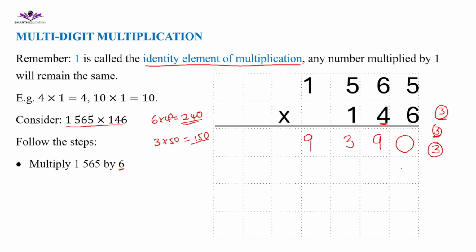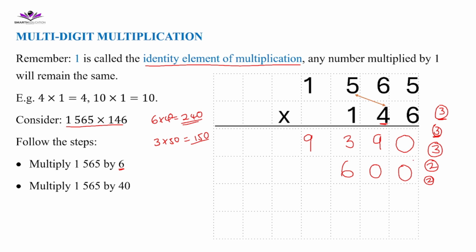So this is a 40. We'll start by putting a 0 there. And then we start multiplying by 4. And then 4 times 5, that is what? That is 20. We write down the 0, and then we carry 2. And then 4 times 6, what is 4 times 6? That is 24. Then 24 plus this 2 here is going to be 26. So we write down the 6, and then we carry the 2.